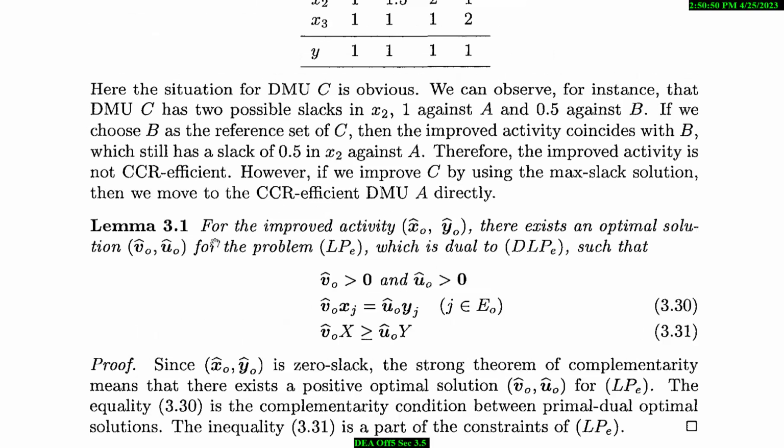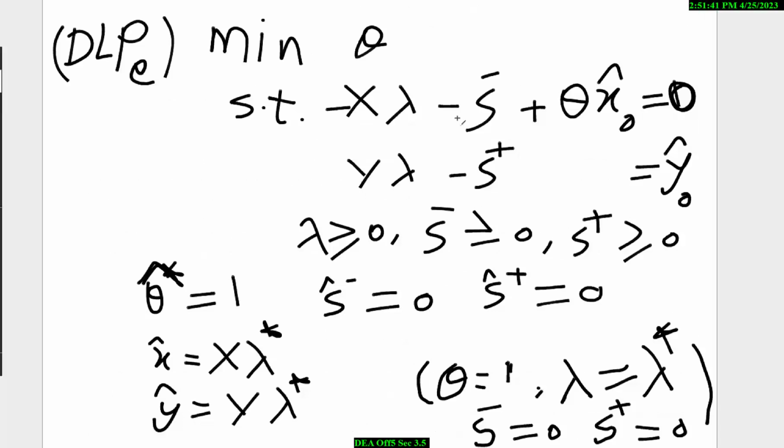Lemma 3.1. For the improved activity, or the CCR projection, there exists an optimal solution for the problem LPE, which is dual to DLPE, such that these relations hold. To explain the proof of the book, before seeing the proof in the book, note that DLPE was this model.